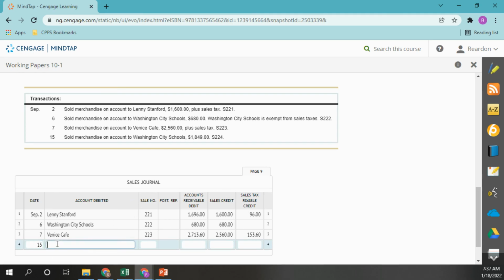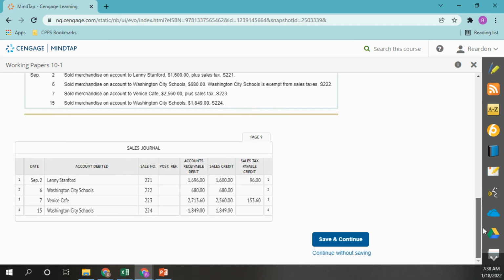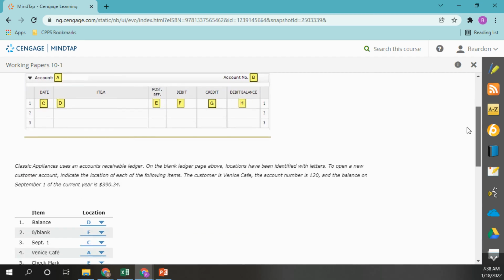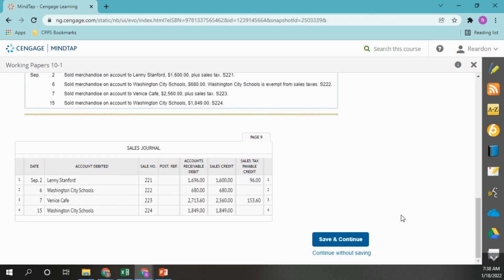Then on the 15th, we've got Washington City Schools again, tax exempt, sales 224, amount of $1,849, no sales tax. Okay, looks good. We did that and we did that. Save and continue.